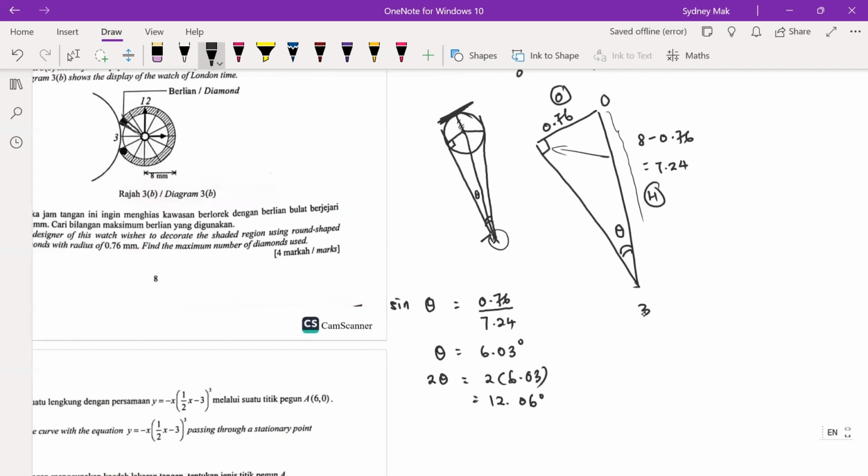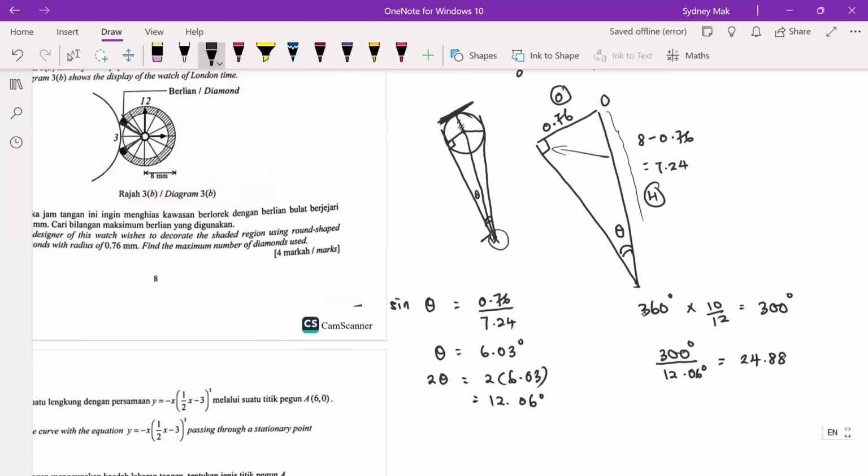Out of the 360 degrees, by the way, it's not 360 degrees. We only take up 10 out of 12 parts. So the angle will be 300 degrees. We use 300 degrees divided by 12.06 degrees. We get 24.88.